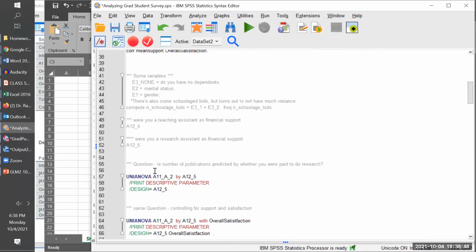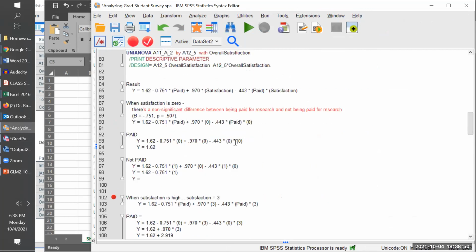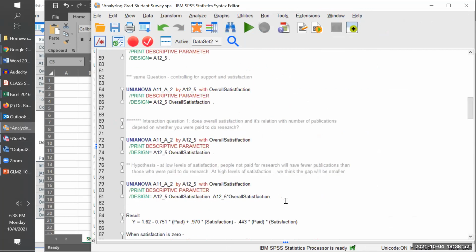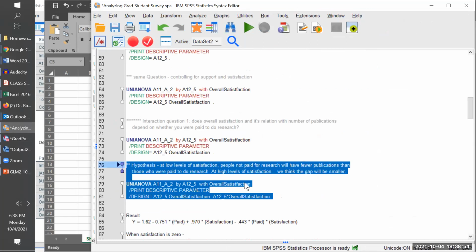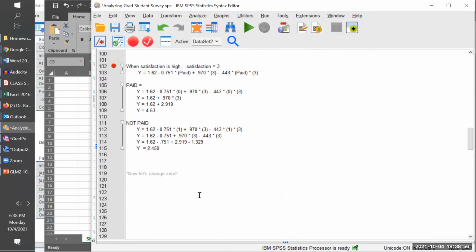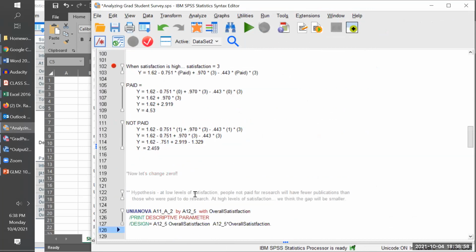Okay, I'm going to bring forward the question we just did, which is this one. Oh, wait, what was our hypothesis? Were we right? At low levels of satisfaction, people not paid for research will have fewer publications than those who were paid to do research. Was that true? Let's look at the output.